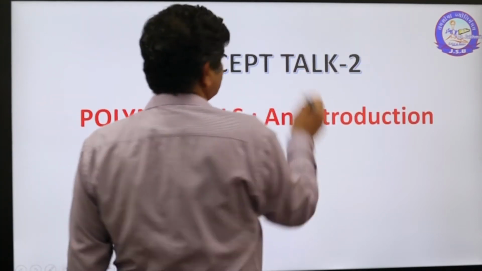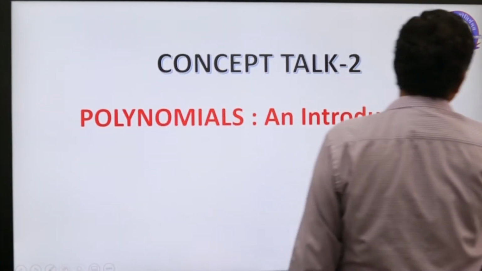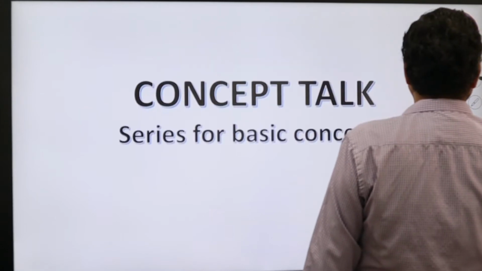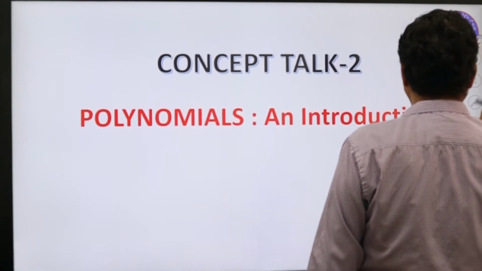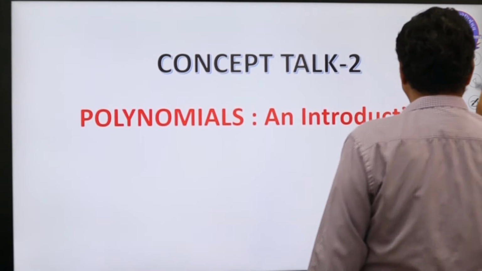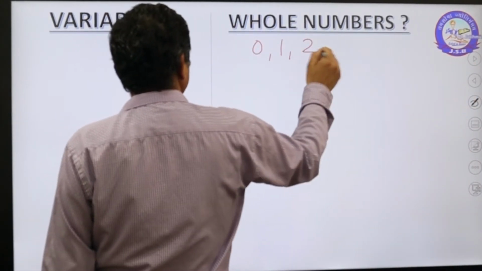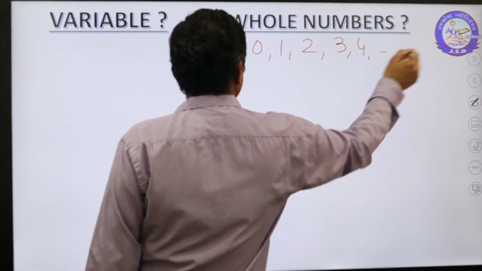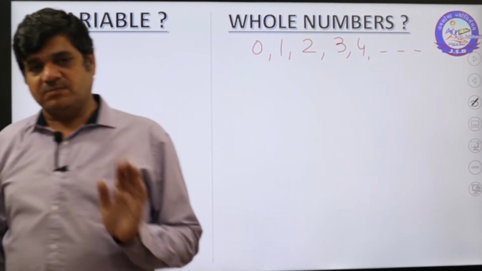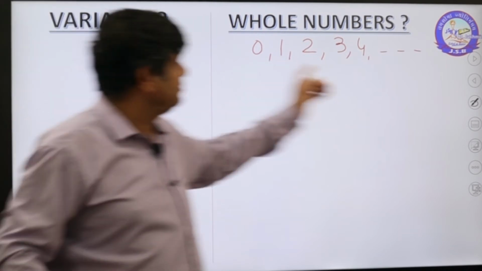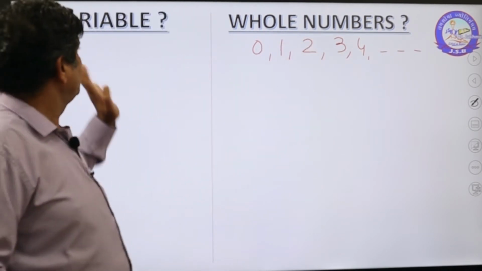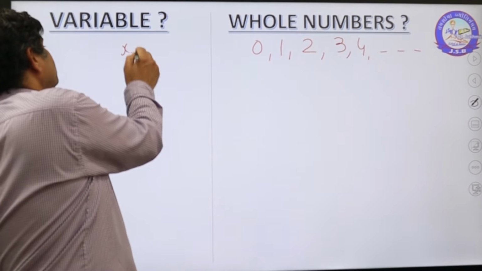That means 0, 1, 2, 3, 4. Whole numbers means the numbers which are either natural numbers or 0. Simple.